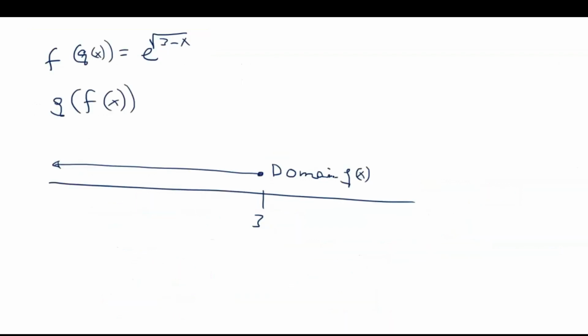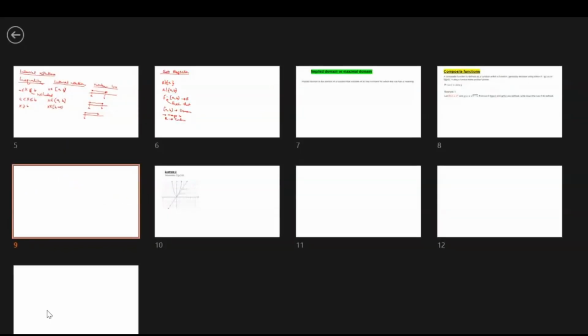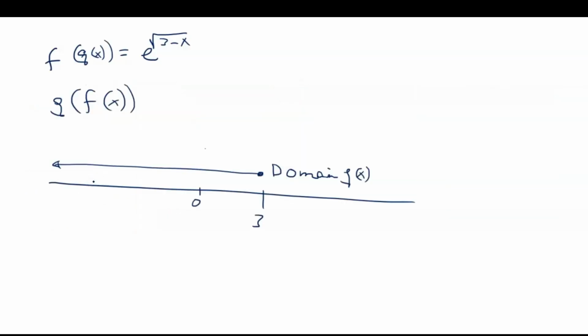to positive infinity. I'm just going to use a different color. And from 0, which is an open circle, to positive infinity. So that's going to be the range of f of x. And that's what you're going to get.